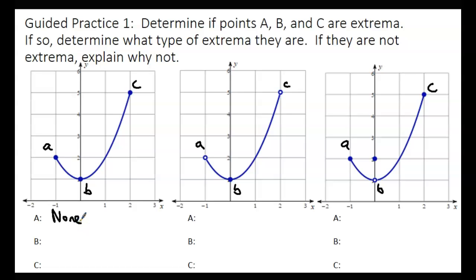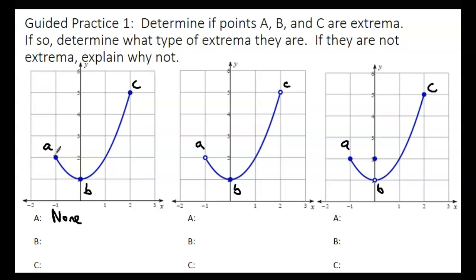Some textbooks will agree with you guys who said relatives, because it is technically higher than any other point that's around it, correct? But I'm going to say that endpoints are not relative extrema. And it's not an absolute max because that's not the highest point on the graph, and it's not an absolute min because it's not the lowest point on the graph, and it can't be a relative because it's an endpoint. So we're going to say none.